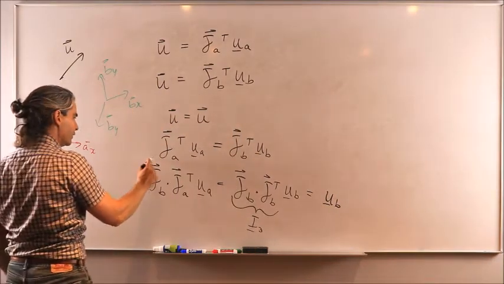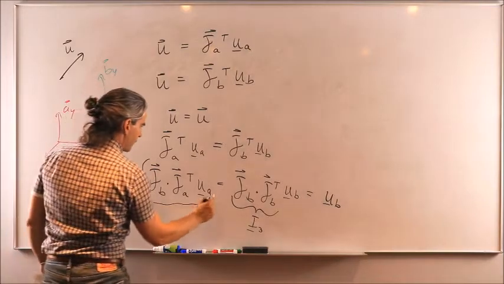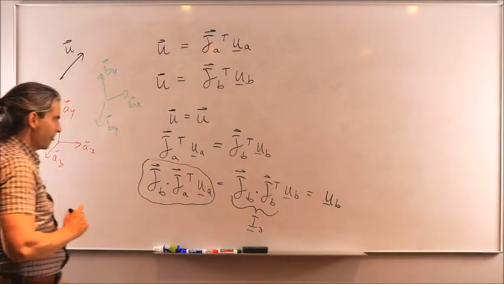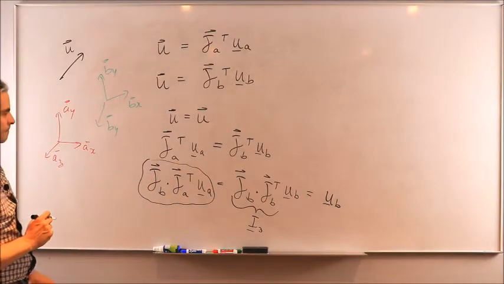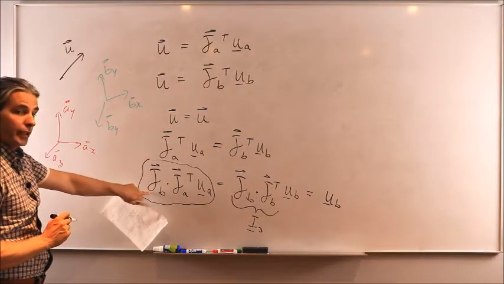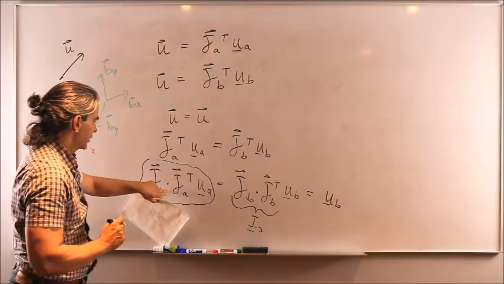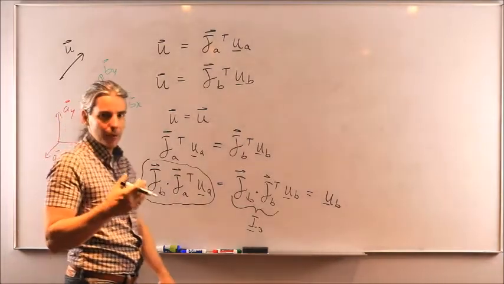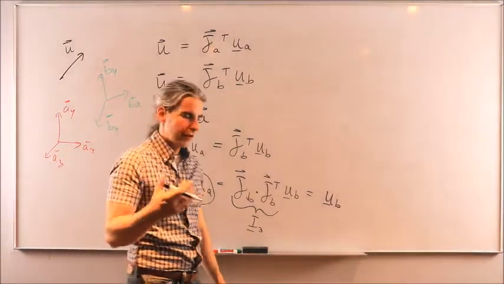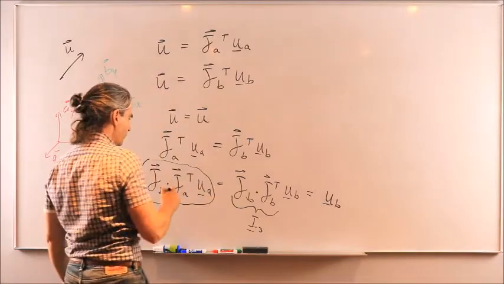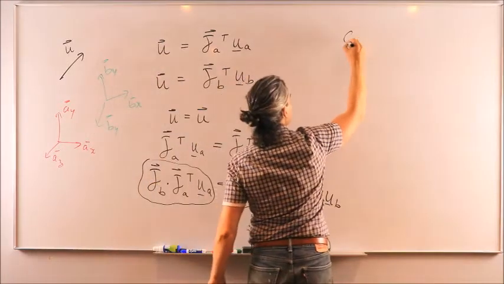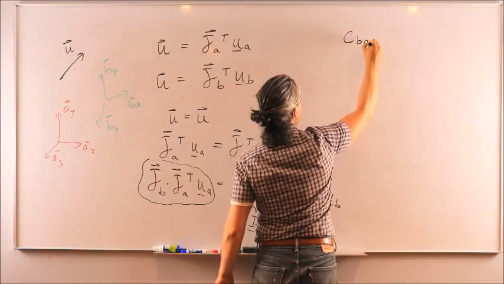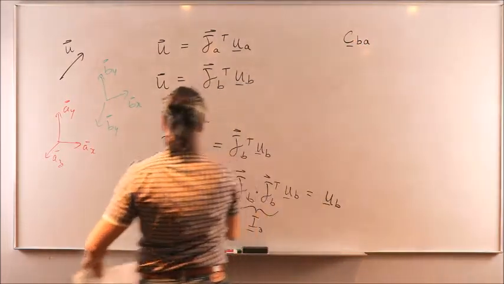Now here, you have this. Vector B dot product vector A transpose. So if you remember what we did 5-10 minutes ago, you will hopefully remember that this is actually CBA, right?